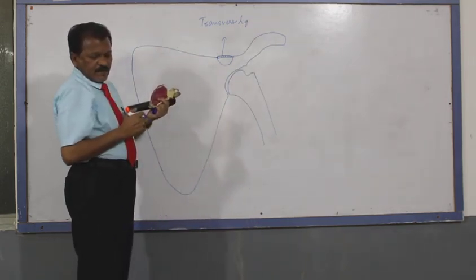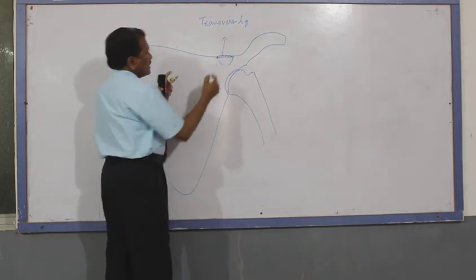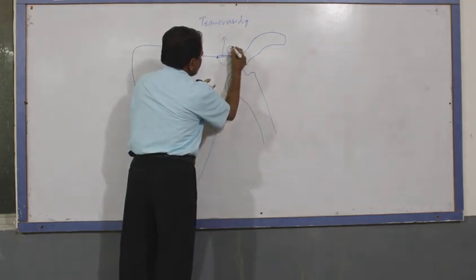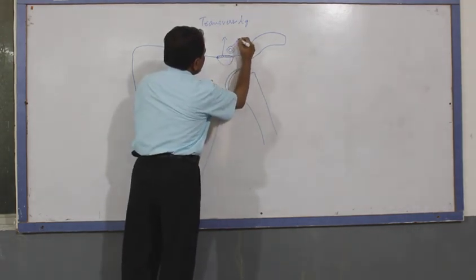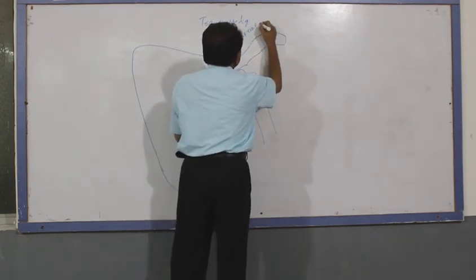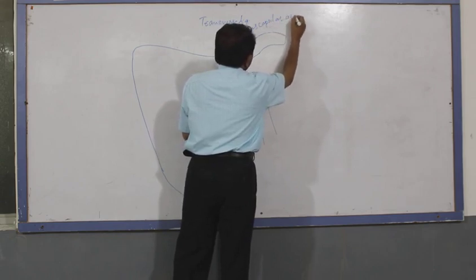Above the transverse ligament of the scapula, there is the suprascapular artery.